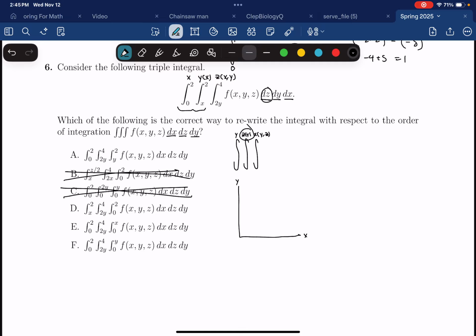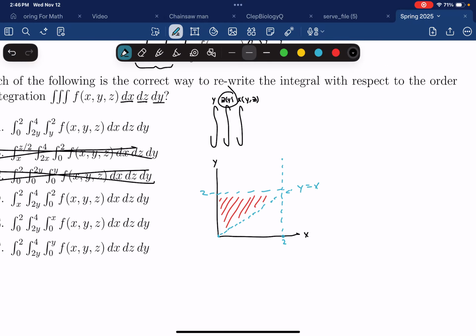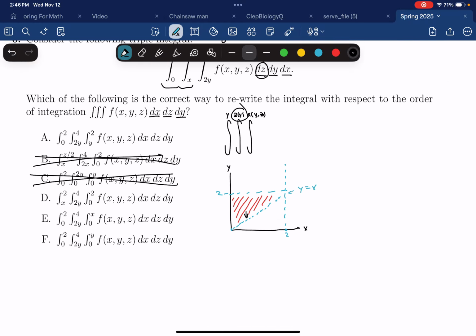Now x goes from 0 to 2, while y goes from the line y equals x to y equals 2. So let me use a different color for this. Okay. So in this case, y goes from x to 2.